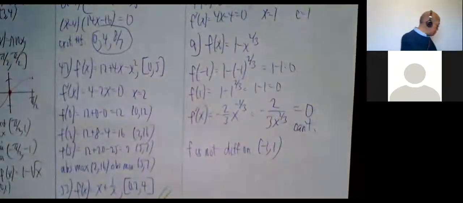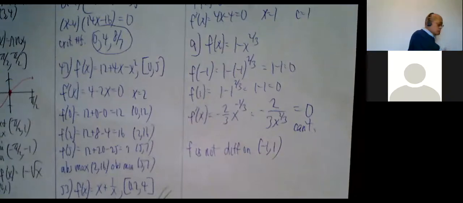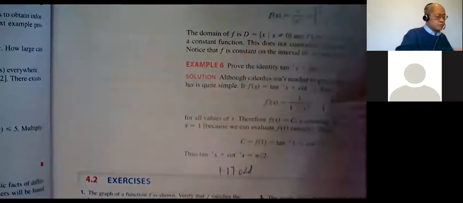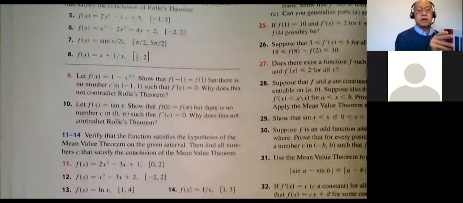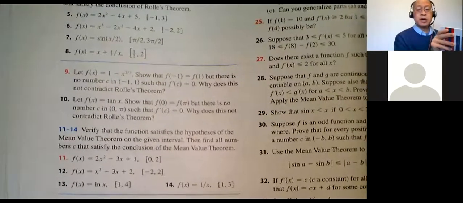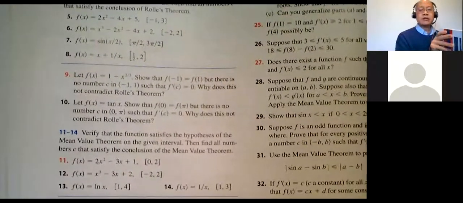Okay, then number 9 has something worded a little bit funny, the way they say it. Number 9, let f of x equals 1 minus blah, blah, blah, blah. Show that f of -1 equals f of 1.